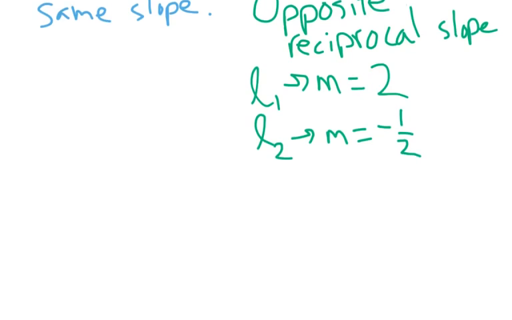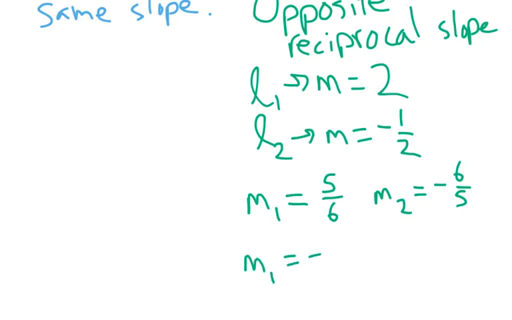If the slope in line 1 was 5/6, the slope in line 2 would have to be -6/5. If the slope in line 1 was -1/4, the slope in the second line, to make it perpendicular, would have to be +4.